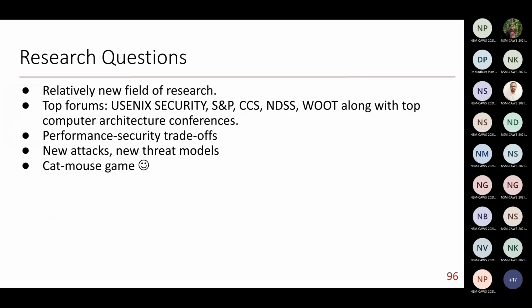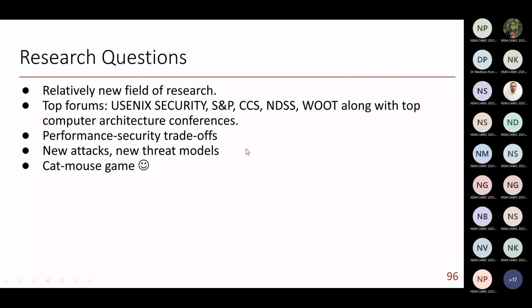So that is the research question I just talked about. But you can also look into some of the top forums, which are security forums, not related to microarchitecture security only, along with some of the computer architecture conferences that I mentioned during the morning session.